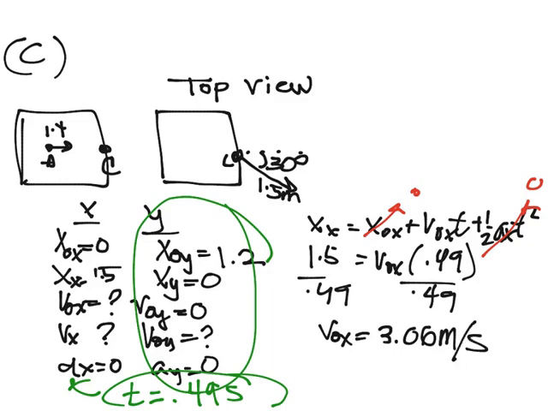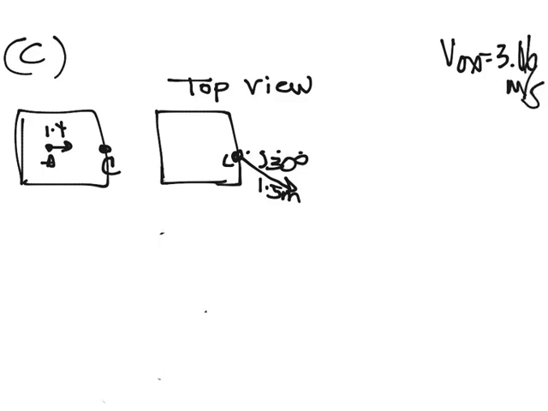In part D, and hopefully you write this down because I'm actually just going to erase this so I can keep the picture, I'm going to write v naught x equals 3.06 up here in the corner. And so in part D, I want to know the y component of A's velocity after the collision.